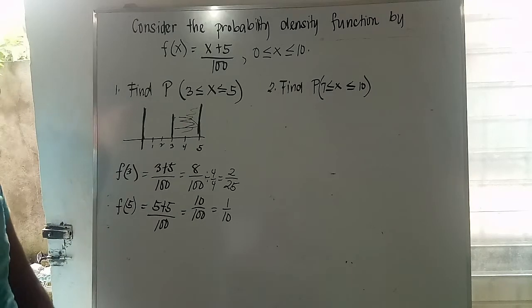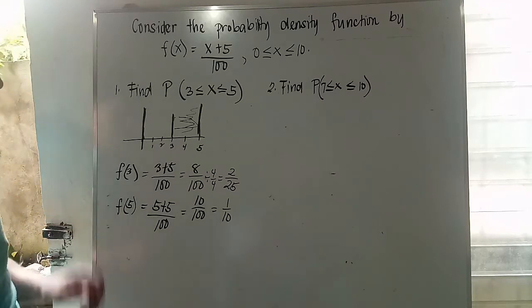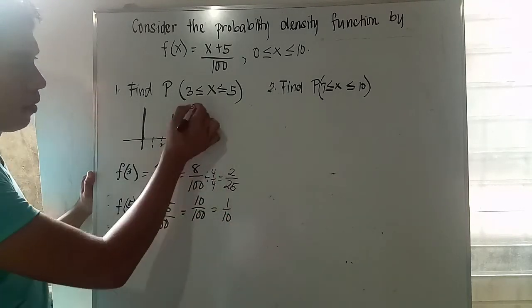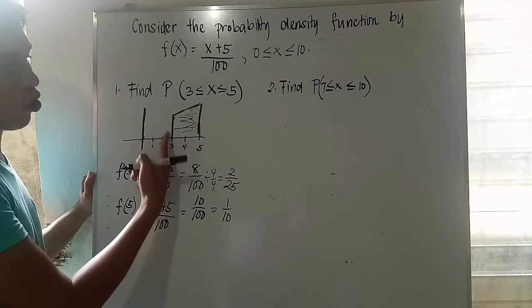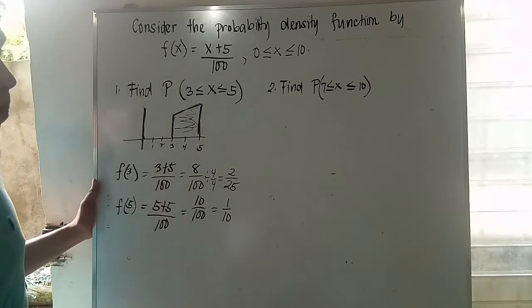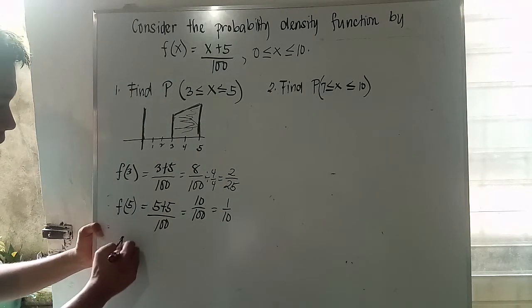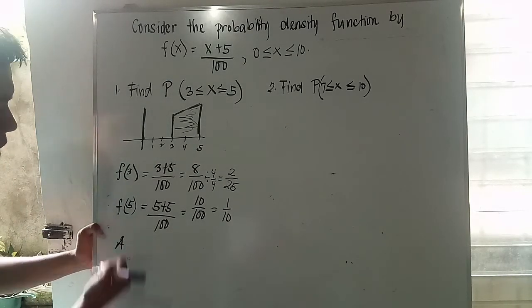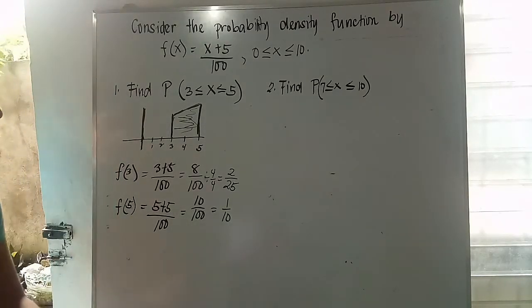Okay, so we have 2 over 25 and 1 over 10. So suppose these would be the heights. This shape is what we call a trapezoid. In finding the probability, it is the same as finding the area.